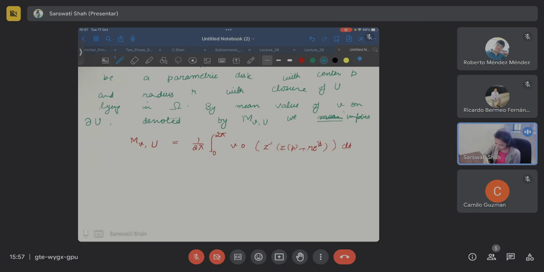So how we define this, just take a look. We are taking X, which is a Riemann surface.